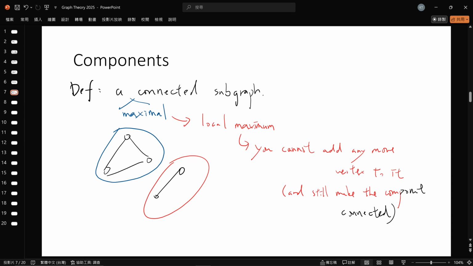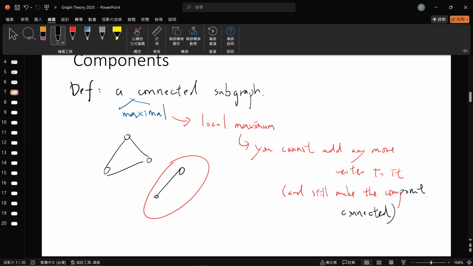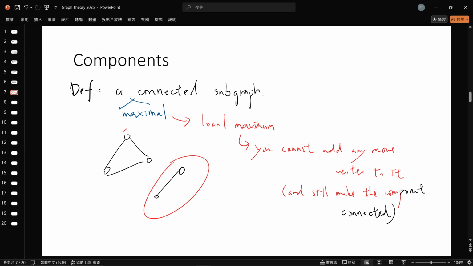Okay, so let me give you an example that is not a maximal connected graph. If we consider this one, you can still add this vertex and this edge to make it connected, so this one is not locally maximum.